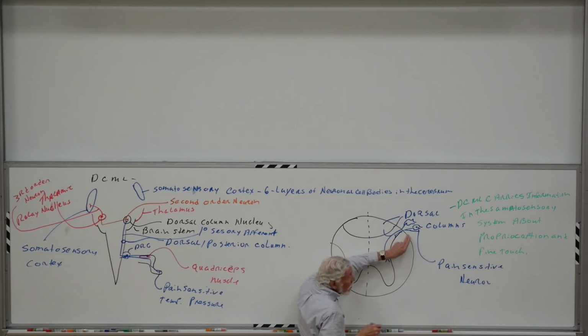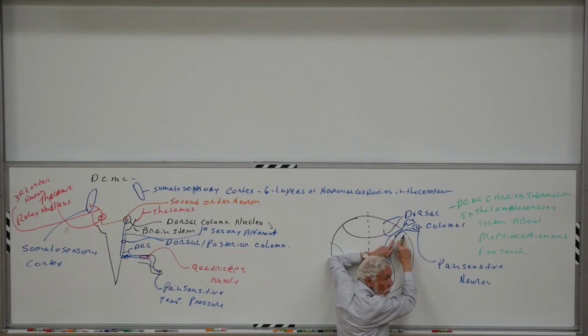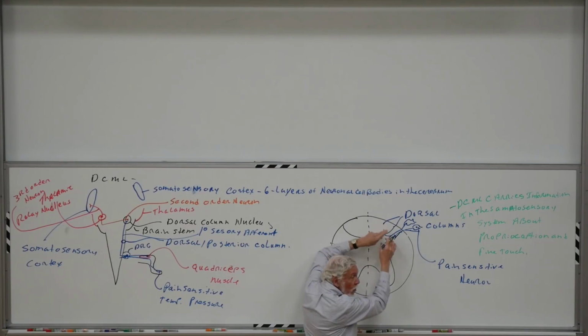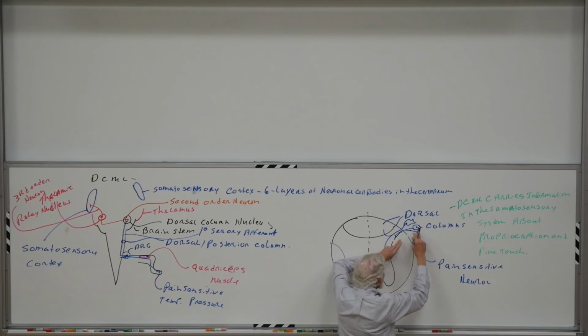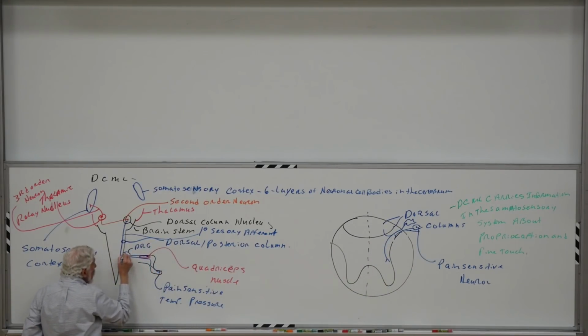Now, this pain-sensitive neuron is going to have an output region almost immediately after it enters the dorsal horn. Remember, this is gray matter, so this is input regions and cell bodies.